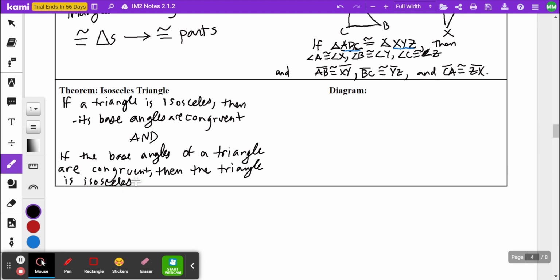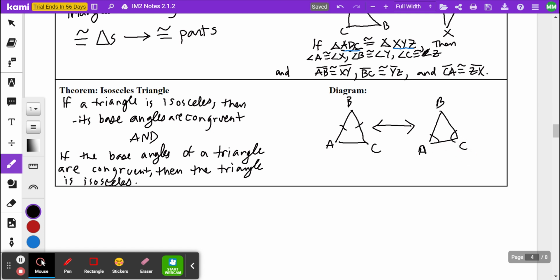Period. For our diagram, we'll have one isosceles triangle, but we'll write about it in two different ways. If it's isosceles, then those base angles are congruent. And if those base angles are congruent, then it's isosceles.